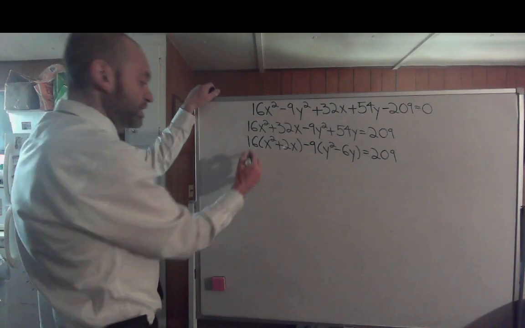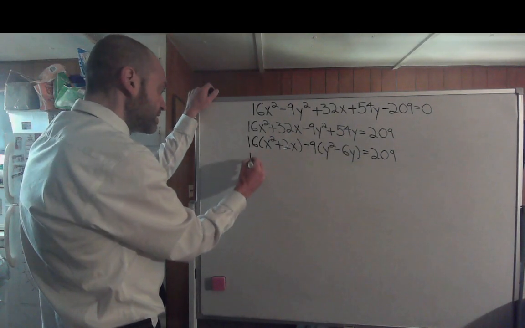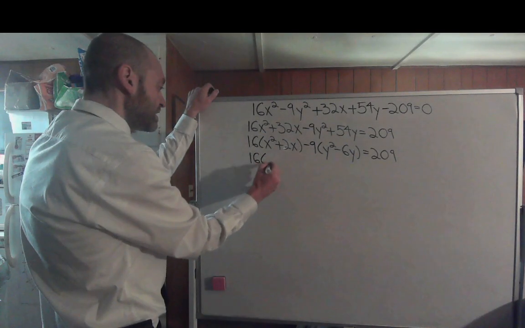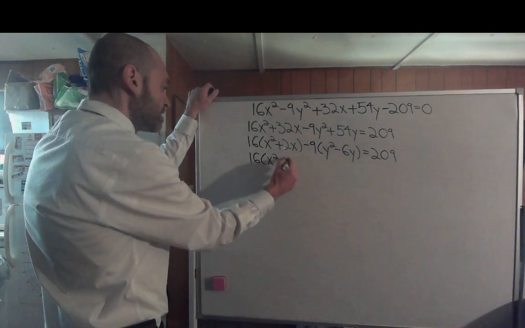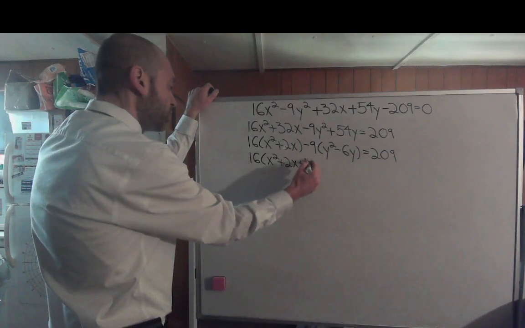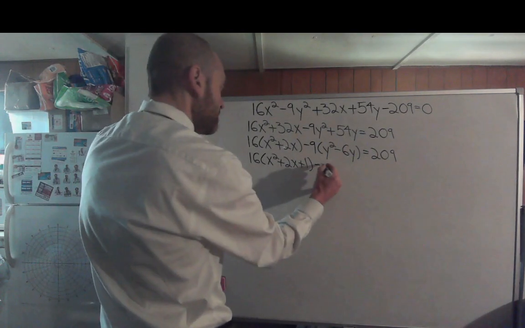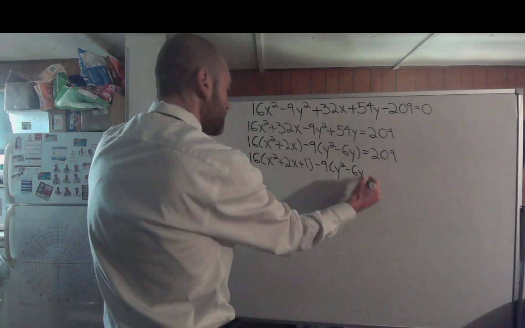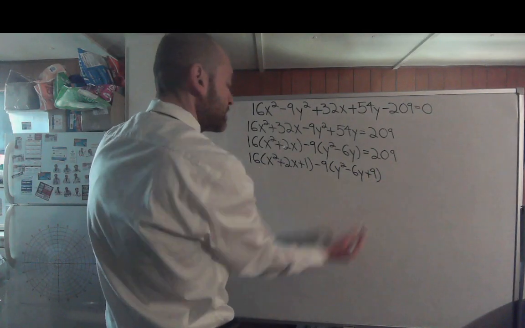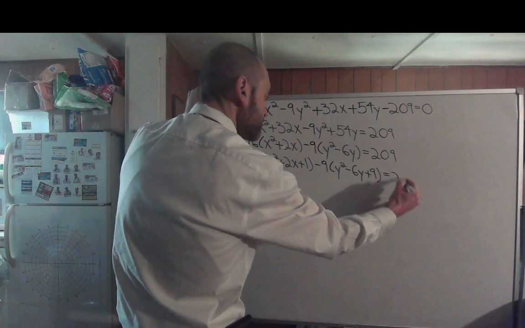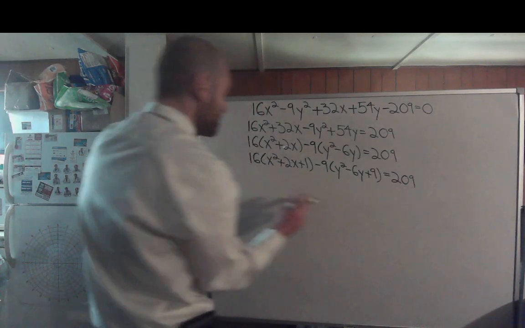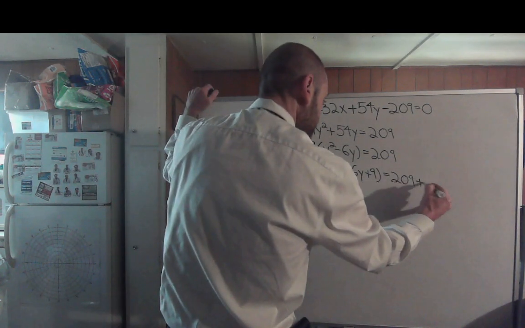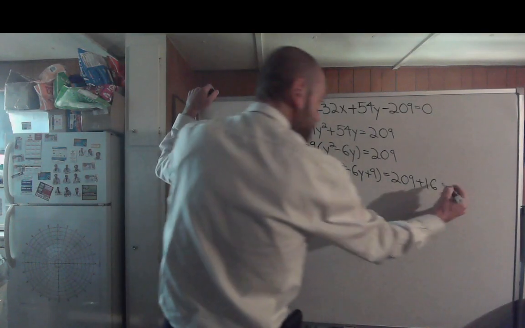So let's go ahead and complete the square. You'll end up having 16 times x squared plus 2x plus 1 minus 9 times the y squared minus 6y plus 9 is equal to 209 plus that 16 minus 81.